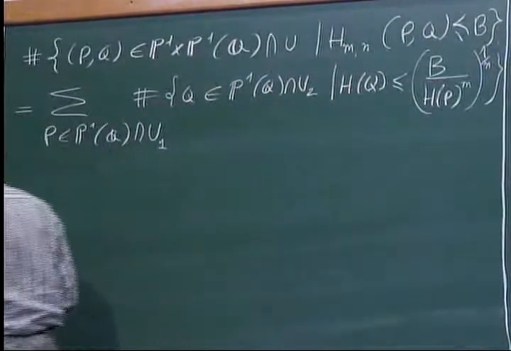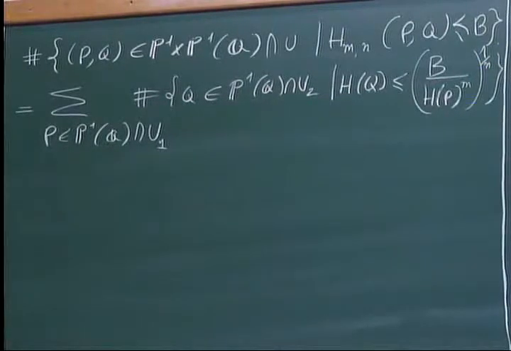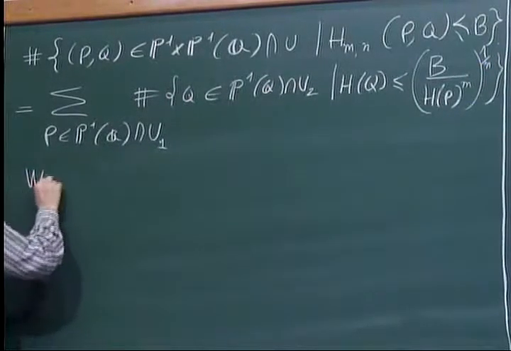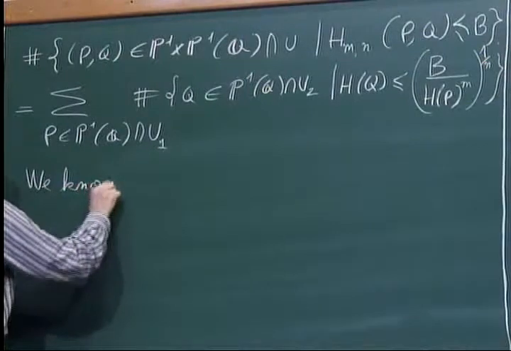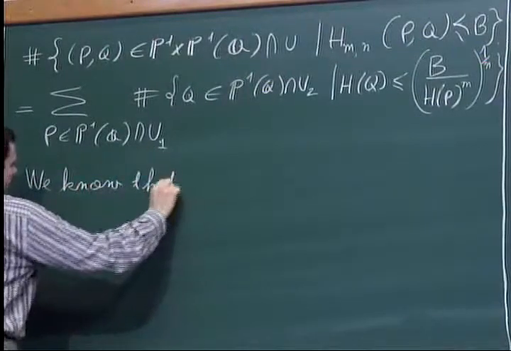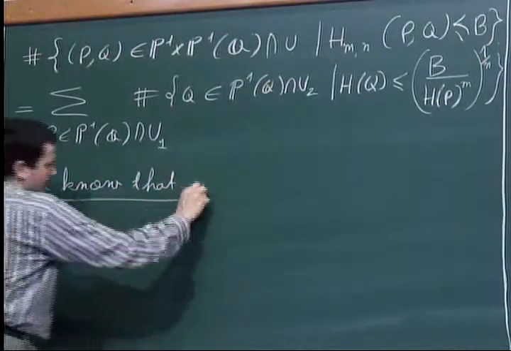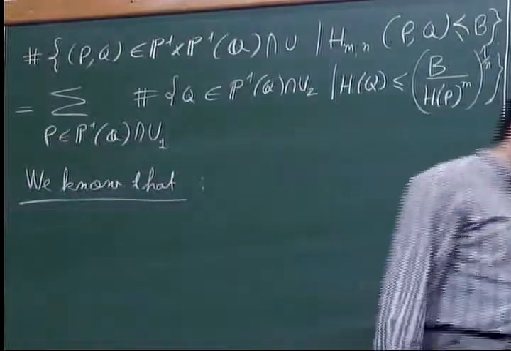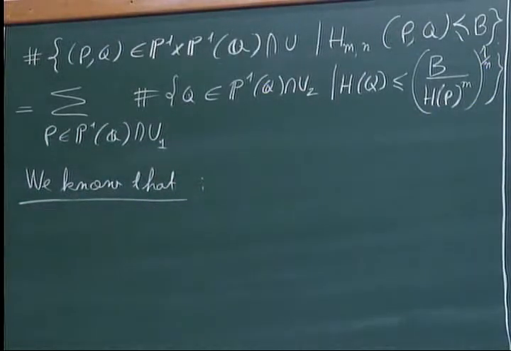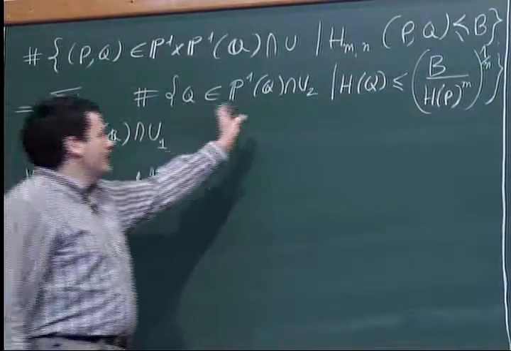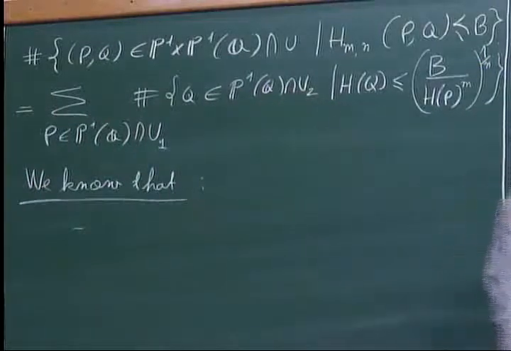So let me summarize the facts we know. The first thing is that yesterday we described the measure for the distribution of points on P1.